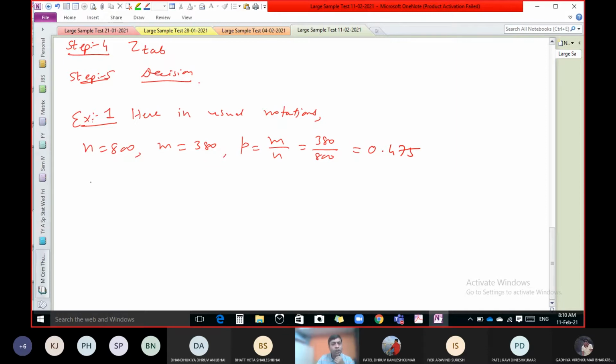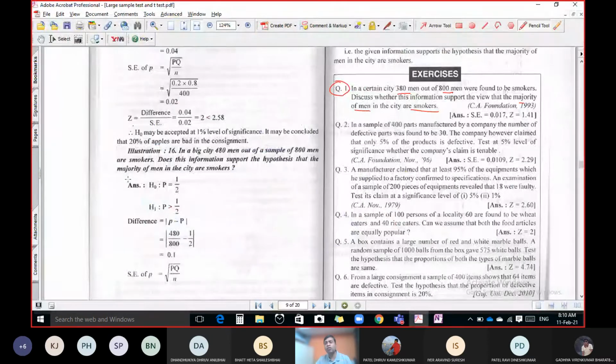Now what should be the capital P? That is the most important question here. What is capital P? Any of you have any idea? What we want to verify, what we want to check here? We have to check whether this information supports that the majority of the men in the city are smokers.